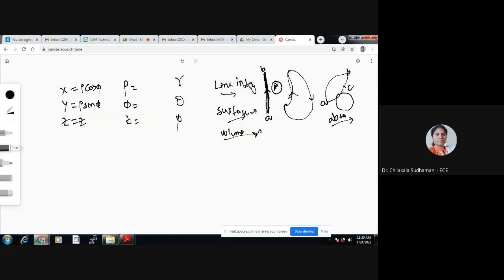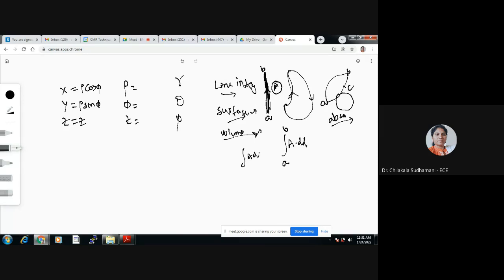What is the total field strength flowing through this line that I want to calculate? To calculate it, I can integrate from A to B. And what is along the line, given vector A? Line integral means integrating throughout the line, and this is represented by dl: A dot dl.